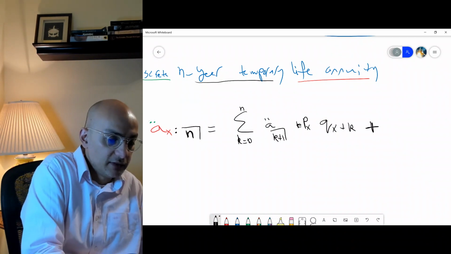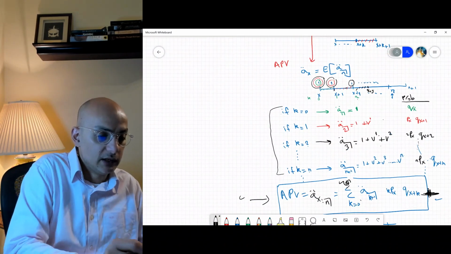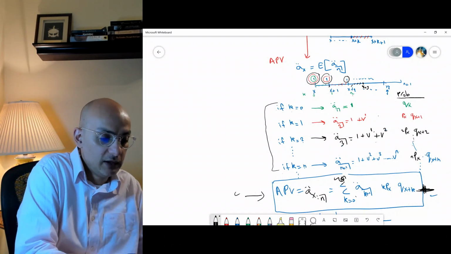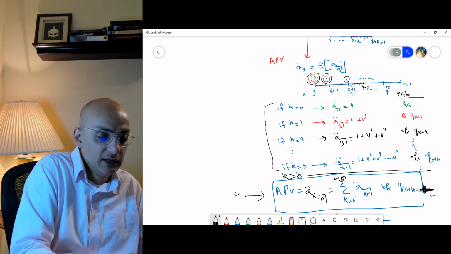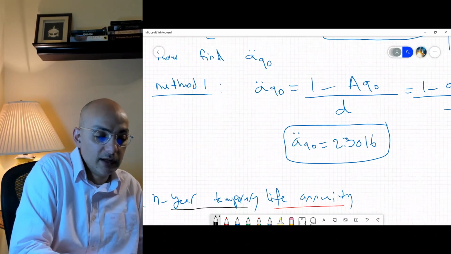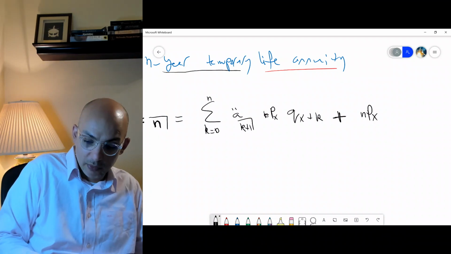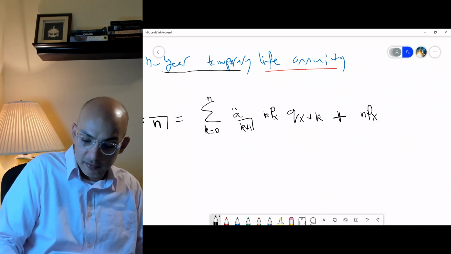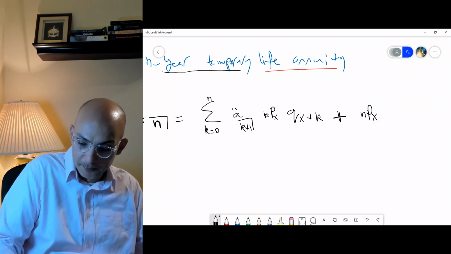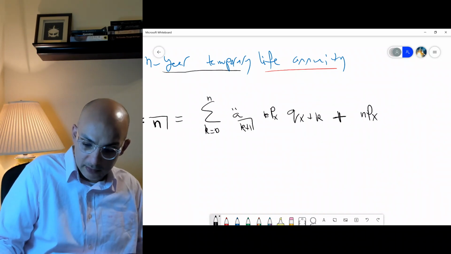This is not enough. We need to add another term. So this gives you an annuity for every year if death occurs, similar to what we did here. If death occurs here, here, but what if k is greater than n? That's where we need another term. If death does not happen in the n period, the individual will end up getting the last term of the annuity, which is n p x, surviving.